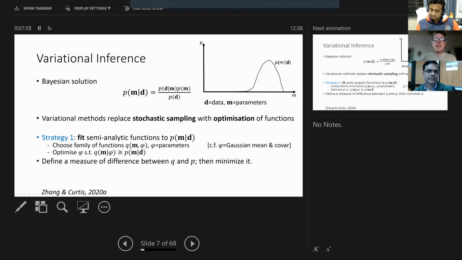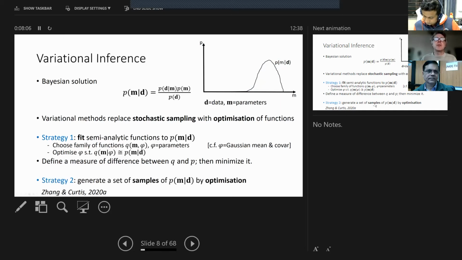Then there's a second strategy, and that is that instead of using the analytical form of Q explicitly, we represent it by a set of samples. But these are not samples that are just generated randomly from some distribution Q. We usually start with samples which are generated from our prior, and then we move the samples to better represent P. Q here still exists, what's called the variational family of functions.